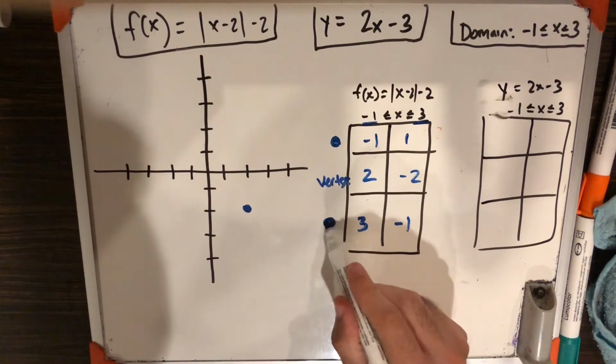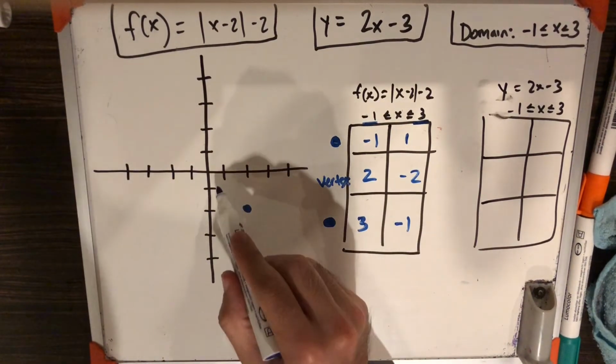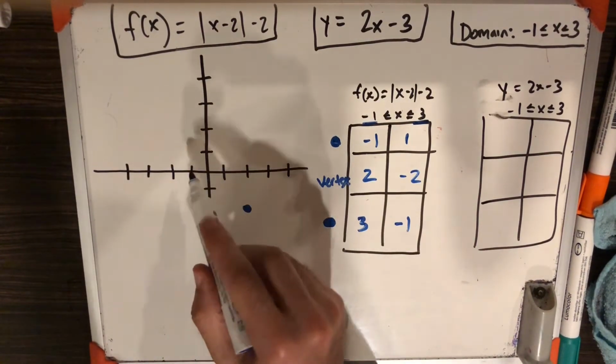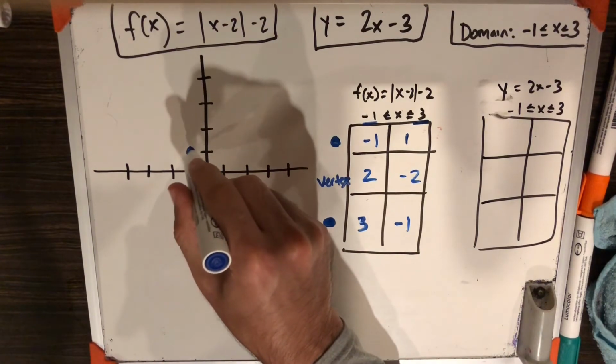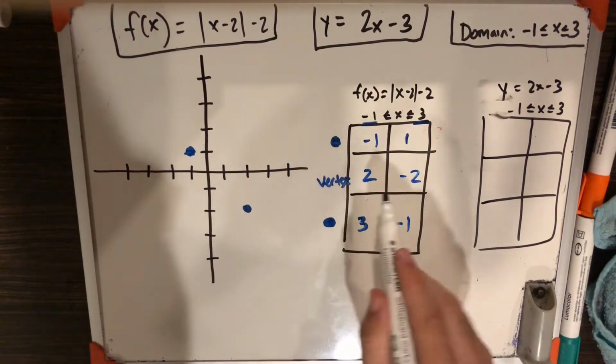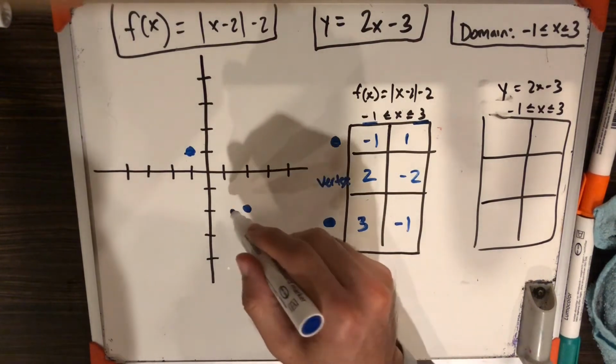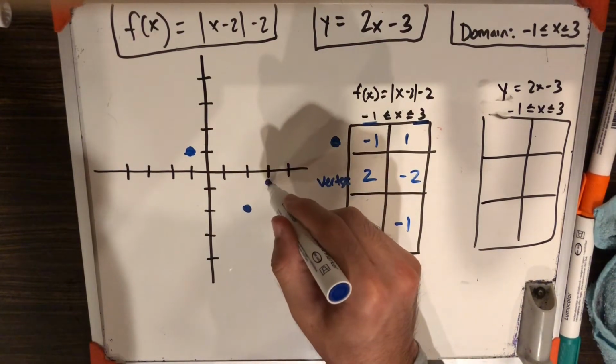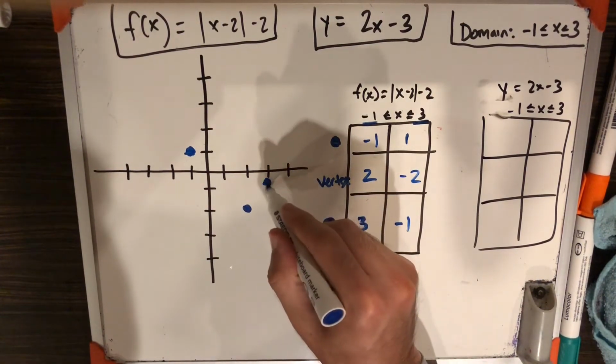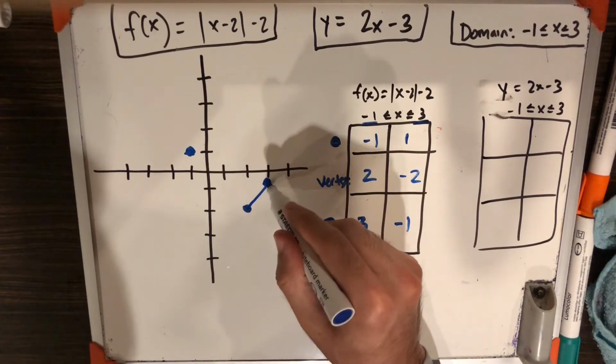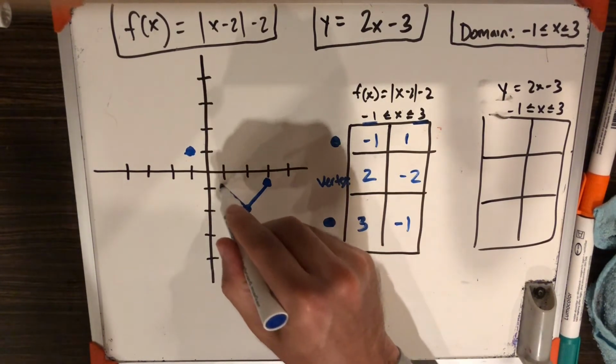This also should be a closed circle. So negative 1 would be right here with a closed circle, and 3 and negative 1 should be right here, again with a closed circle. So again, let's go ahead and attach these points.